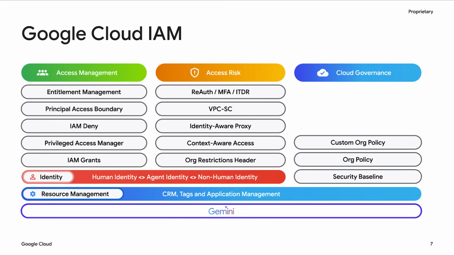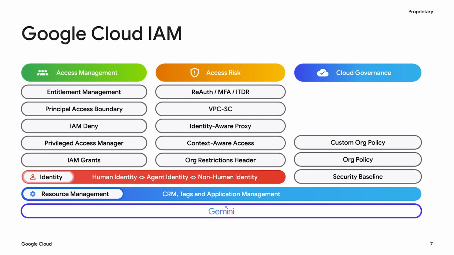So we have covered a lot of ground. Let's quickly recap. We talked about our strong resource management capabilities. We talked about our identity management capabilities, which covered both human identities and non-human identities. And we also talked about the agentic identities as well.